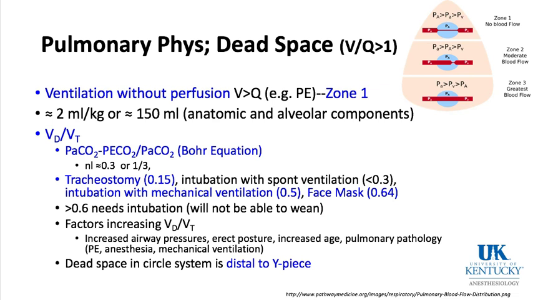And it can be approximated by the Bohr equation, which uses arterial CO2 and expired CO2 collected from a patient to try to calculate this VD over VT, which again is normally about 1/3 of every breath.